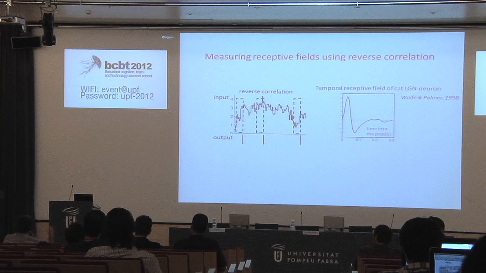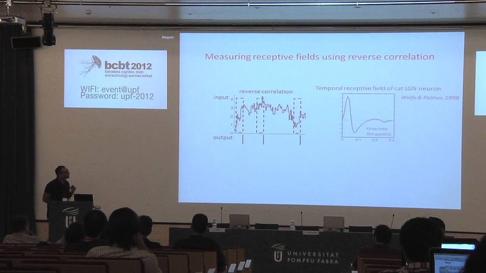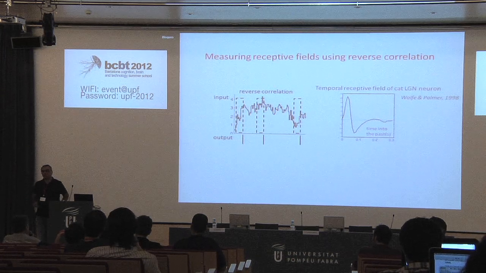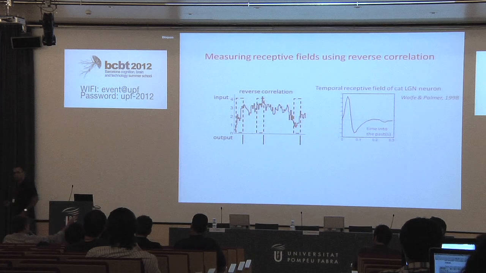So this is one issue. Does this retina LGN system solve indeed the same encoding, decoding problem? And isn't the after hyperpolarization an alternative explanation for the negative part of your filter?